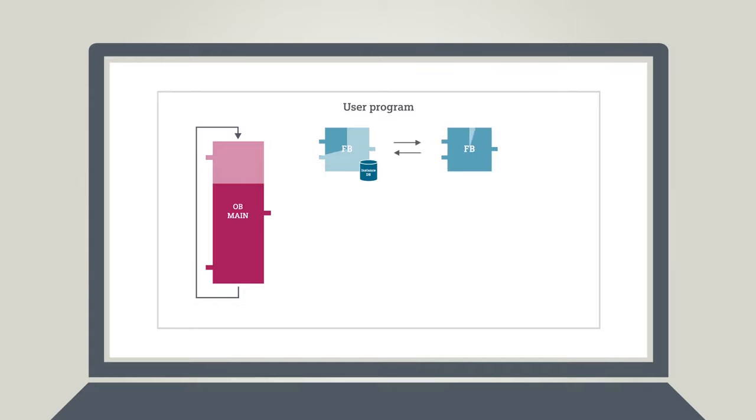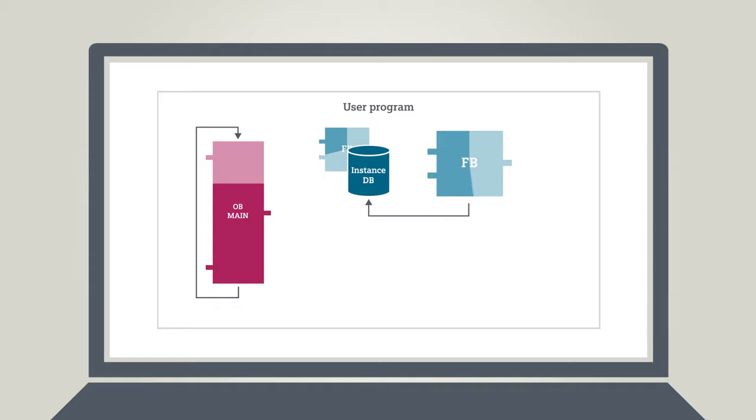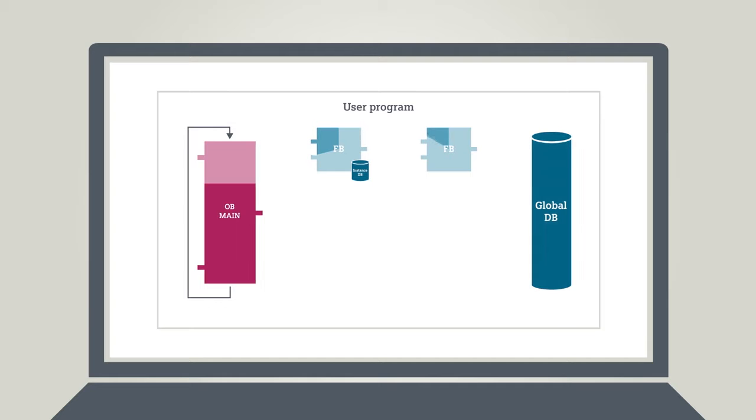Calling up FBs from within other FBs, interleaving, means that you can do call-ups as single or multi-instances. An FB called up as a multi-instance will store its data in the instance data block of the calling FB. This makes it easier to reuse that FB. In contrast, the program data accessible for all blocks are stored in global data blocks.